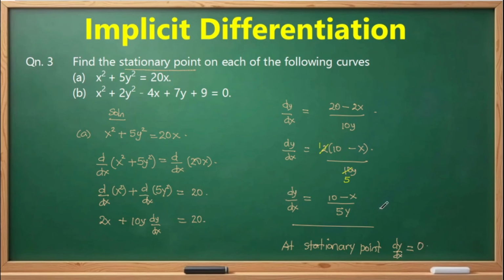So 10 minus x over 5y equals dy/dx, and we know dy/dx at a stationary point is 0.